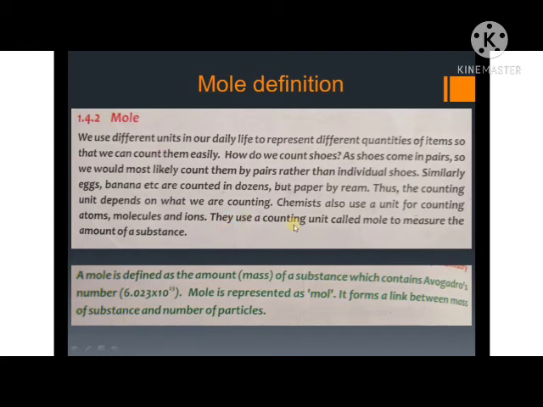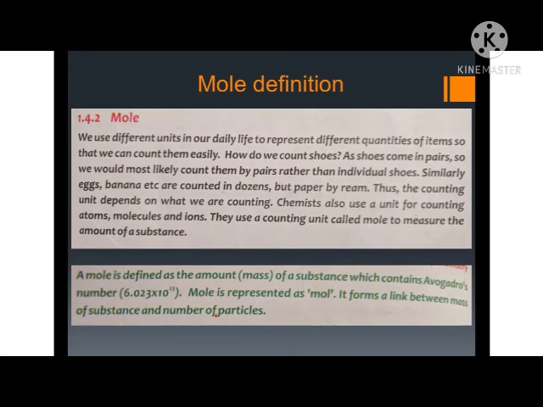They use a counting unit called mole to measure amount of substance. This is the short definition for mole. A mole is defined as the amount or mass of a substance which contains an Avogadro number of particles. Mole is represented as mol. It forms a link between the mass of a substance and the number of particles.